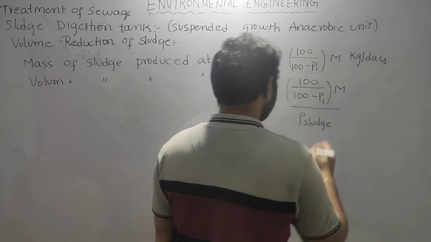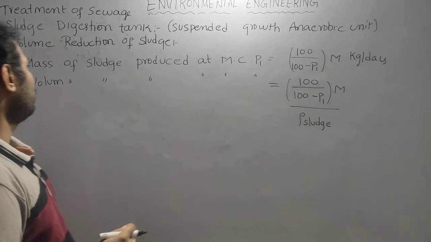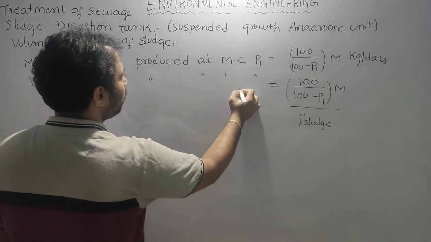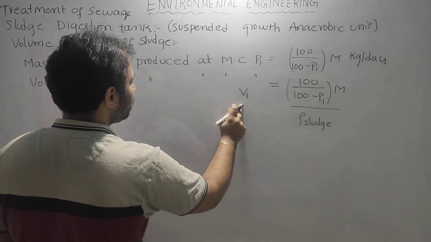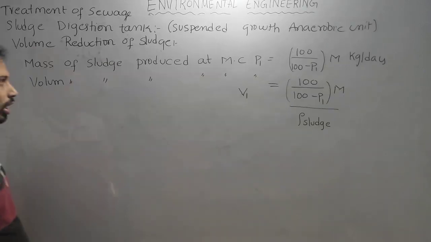This is the volume of the sludge V1. Let us take this as V1, the volume of the sludge at P1 moisture content.